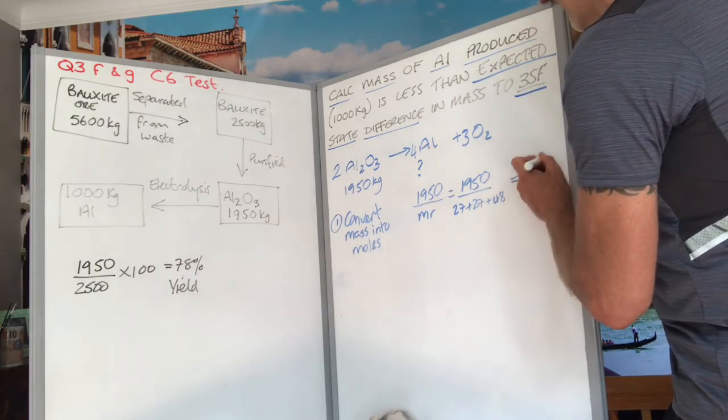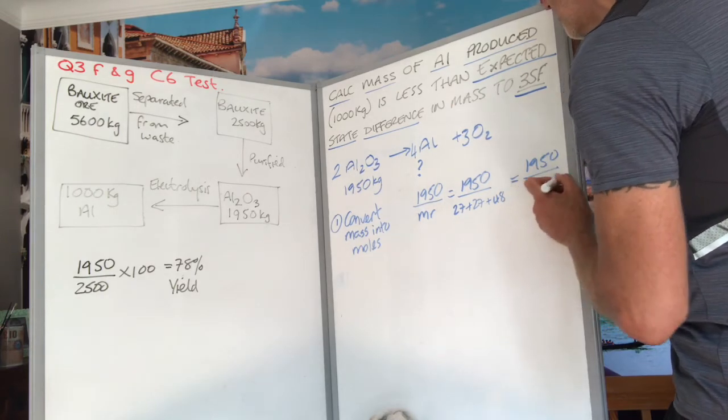So 1950 divided by 102, which is what that comes to.